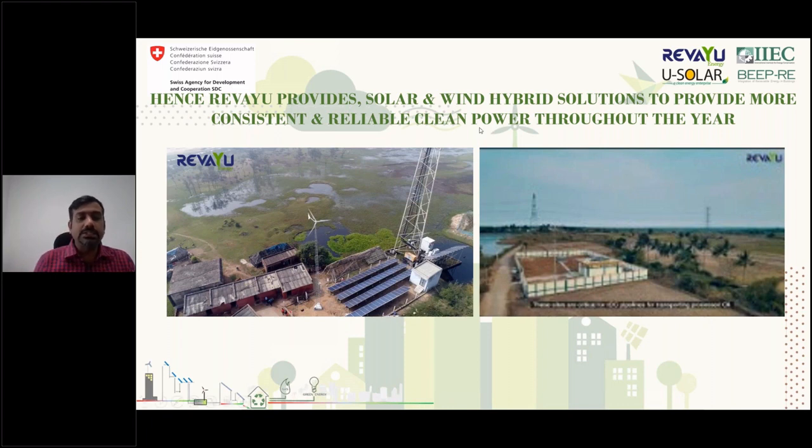And the one on the right is a project for IOCL. We did it again, coincidentally, in Andhra Pradesh, even though it was done from the head office of the pipeline division. So we are again providing them with solar and wind integrated hybrid solutions at their site.